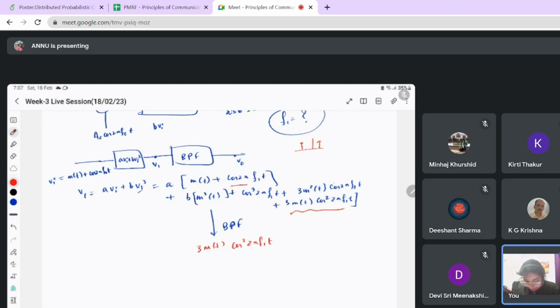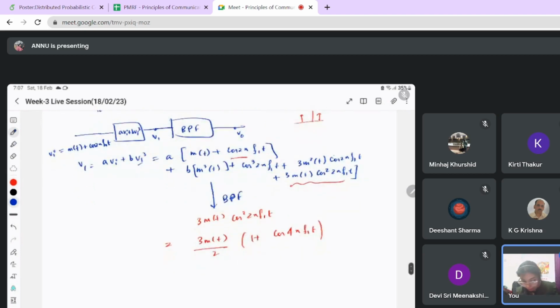We will further simplify it. How will it look? 3m(t) by 2 times (1 plus cos 4 pi f1t). So, out of this, which term will be passed? Here b should be there, yes? Remember b.